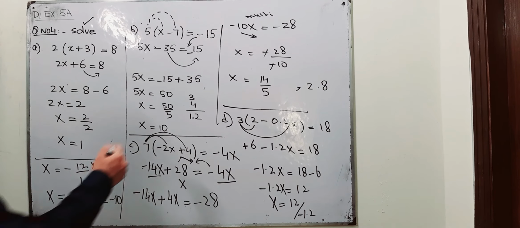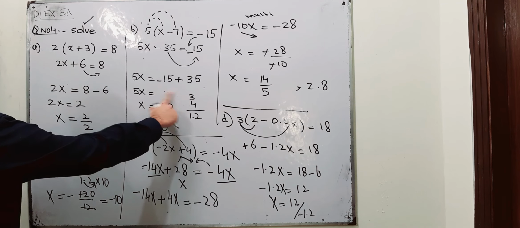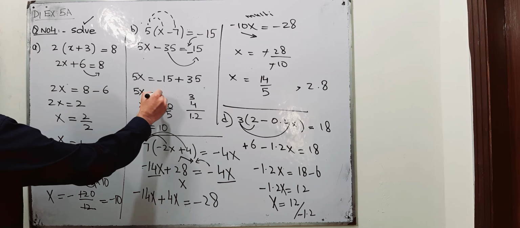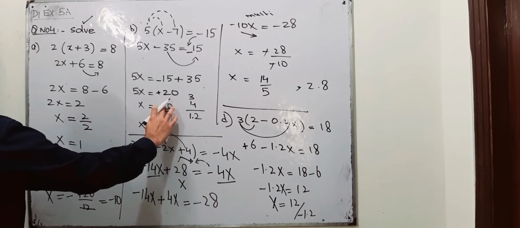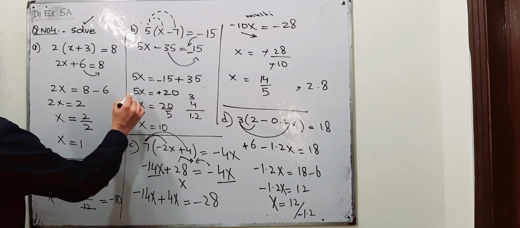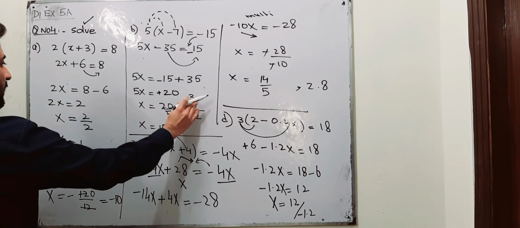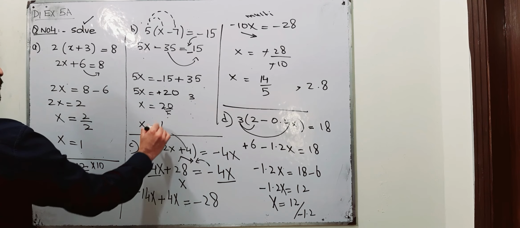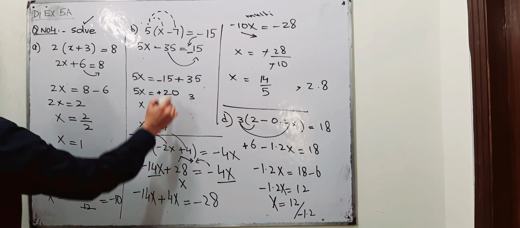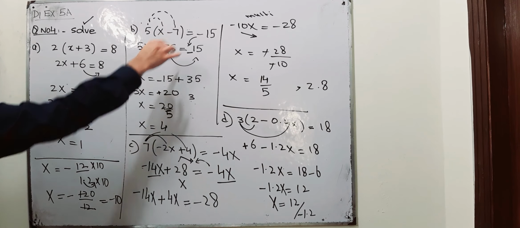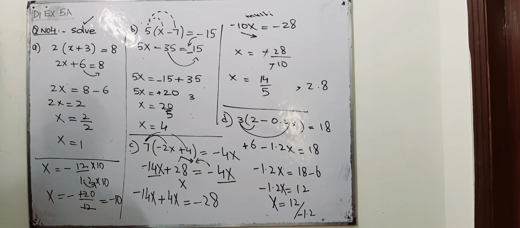So what will be the change then? Now minus 15 plus 35 is equal to plus 20, and here you will have 20. So 20 divided by 5, the answer will be 4. Pardon me for missing the sign over here. So this is the correct answer for this one.